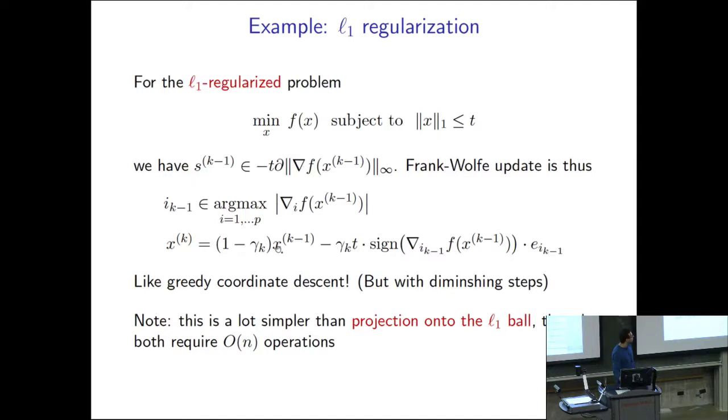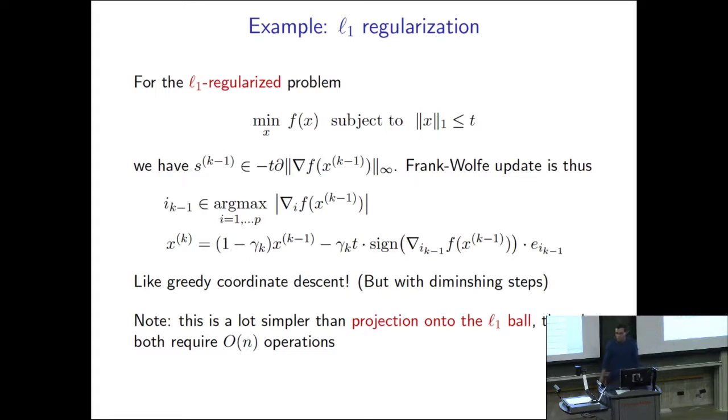Okay, so instead of taking some large step, you can think about it as just moving a little bit in this direction. But this is the update, which is extremely cheap, right? I just scan the components of the gradient and I move in the largest direction. So it's trivially order n, because I just have to make a pass over all the components of the gradient. So it's a lot simpler than projection onto the L1 ball.